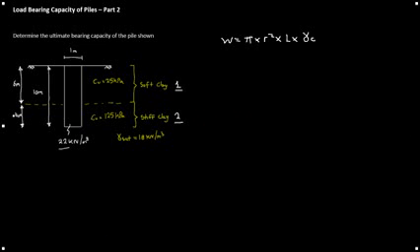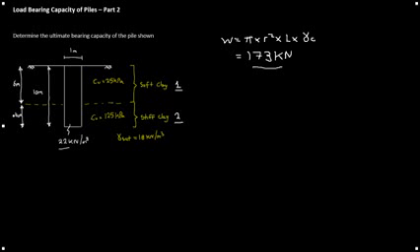Moving on to calculating the weight of the pile, we know W equals the volume of the pile times the unit weight of concrete. So again, because the pile is circular, W equals pi times r squared times L times gamma C, being the unit weight of concrete. So when we put the values in, we have a weight of the pile of 173 kilonewtons.